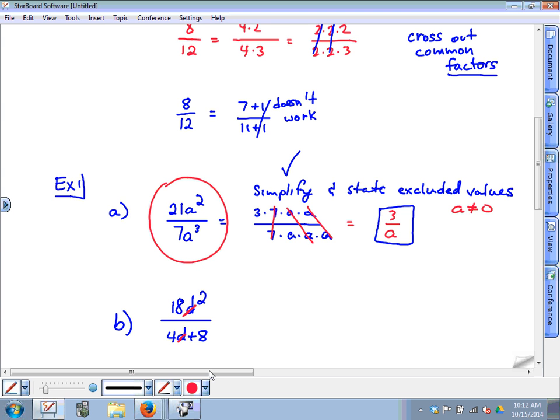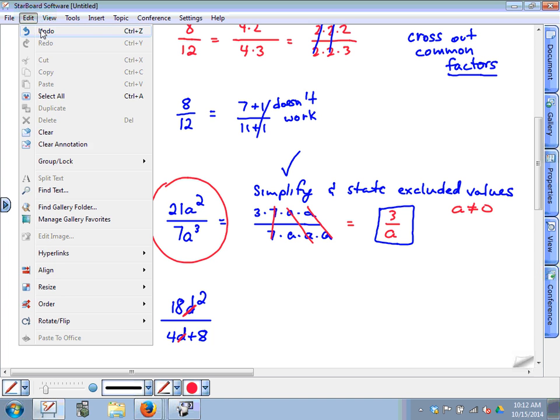Well, there's a d here that can cancel with that d right there. Big problem. What's the problem with that? There's a plus sign before d plus 8. You can't cross out things that are separated by plus signs. Only if they're separated by multiplication. There's a plus sign right after that d. You can't mess with that d. So that's not going to work.